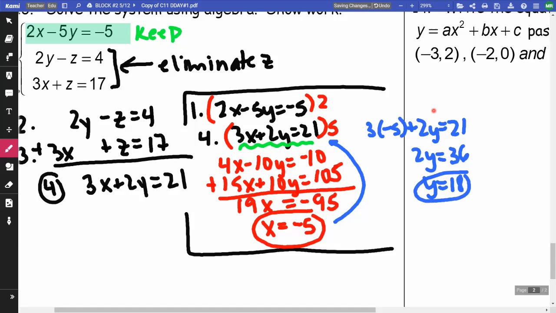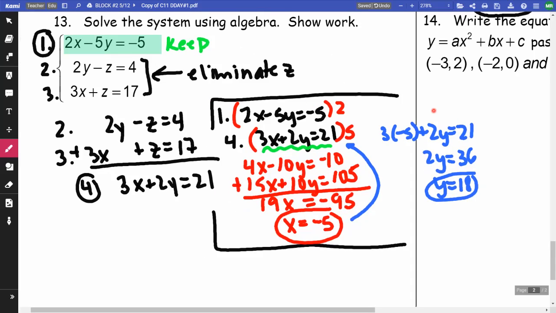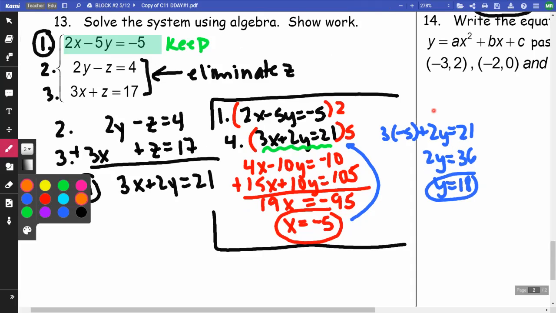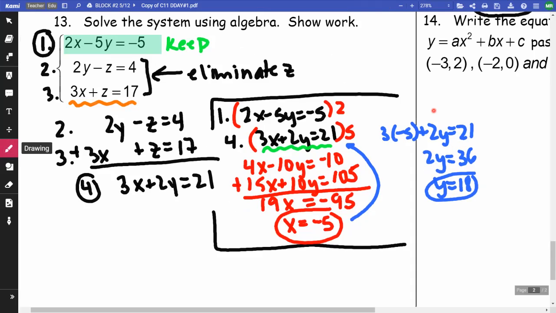So I got my x and I've got my y, and now I need to find my z. I can't go back to number 1 because it doesn't have a z. I can either do 2 or 3. I think I'm going to do 3.